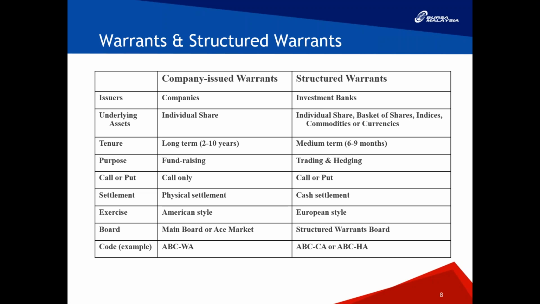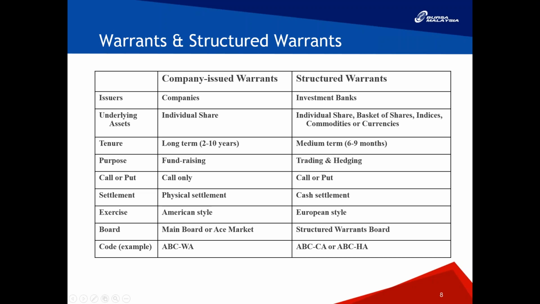The mode of settlement is physical settlement, meaning to say that on or before the expiry date, you exercise your rights to convert your warrant to shares, and then you will receive the share in your account. So that's physical. And the style of exercise is normally known as the American style. You can exercise anytime up to the expiry date.